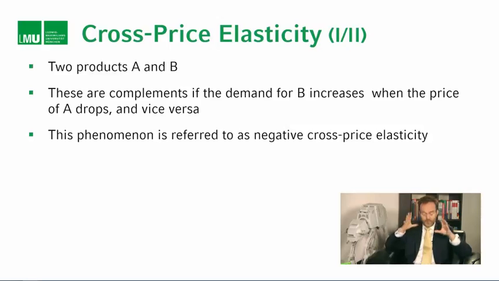Well, first of all, this is what we call negative cross-price elasticity, meaning that the price of one product and the demand for the other product go in opposite directions. Cross-price elasticity is basically how the demand for one product depends on the price of another product.